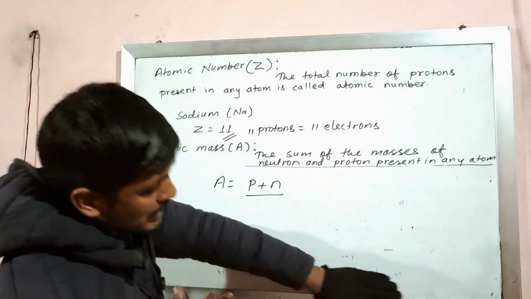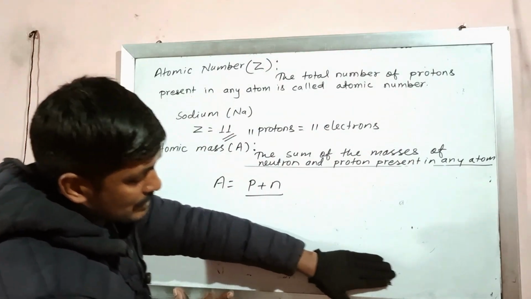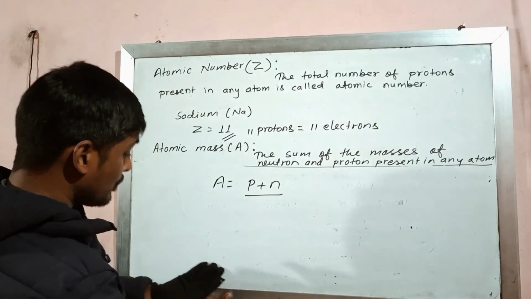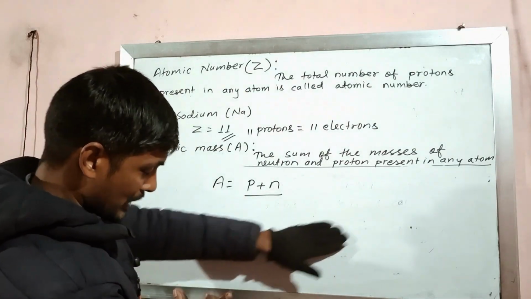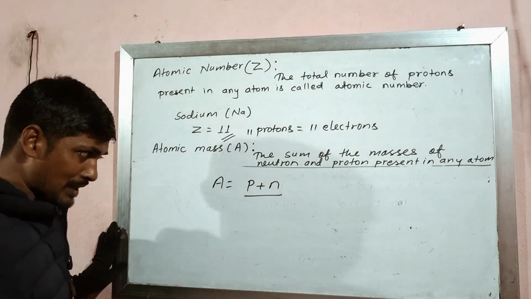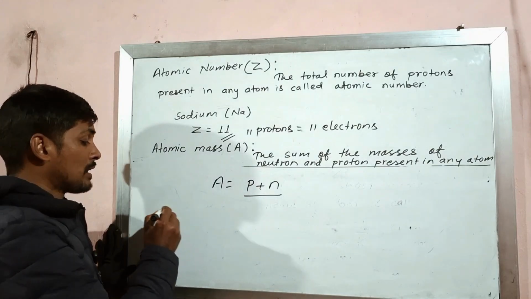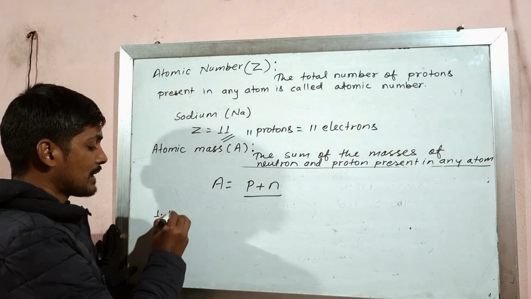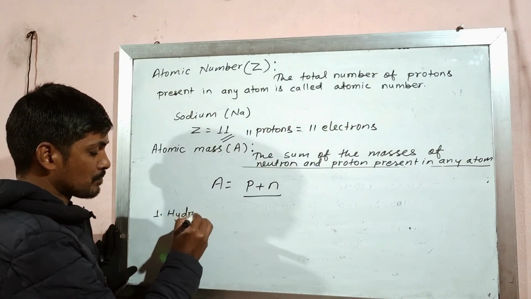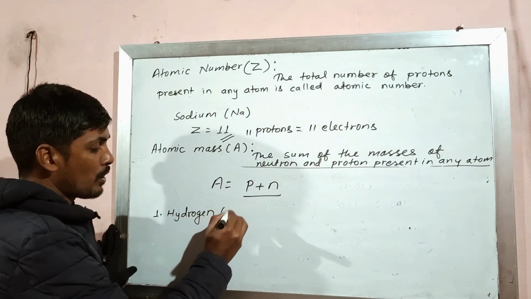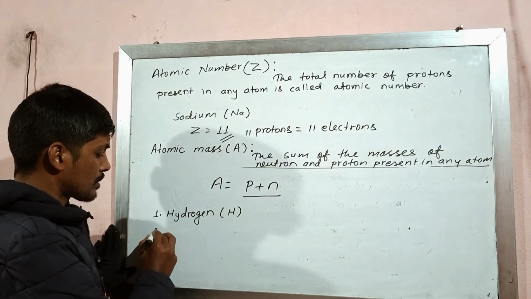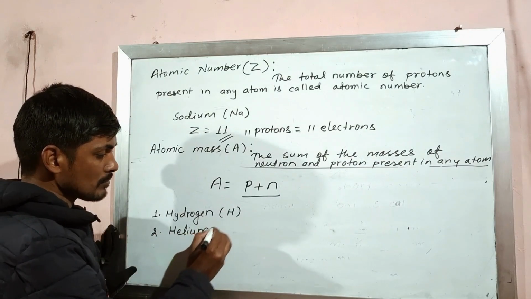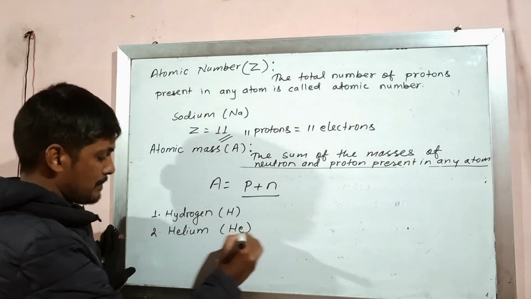For this, we have to know the atomic numbers of elements from 1 to 20. What are the elements from 1 to 20? You know, at number 1 there is hydrogen, symbol H. Number 2, helium, symbol He.